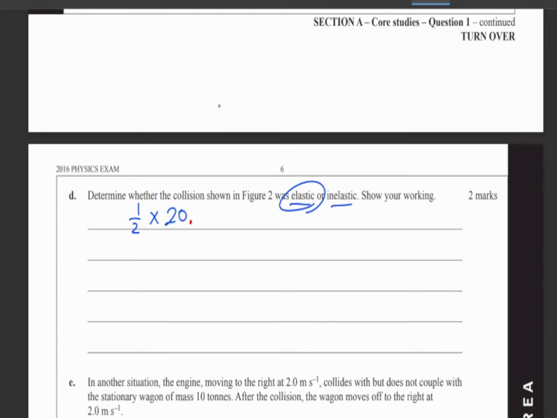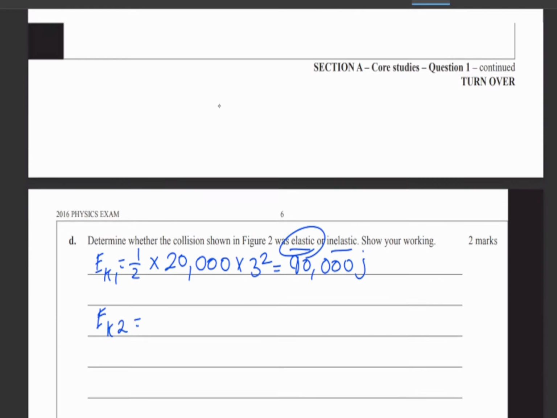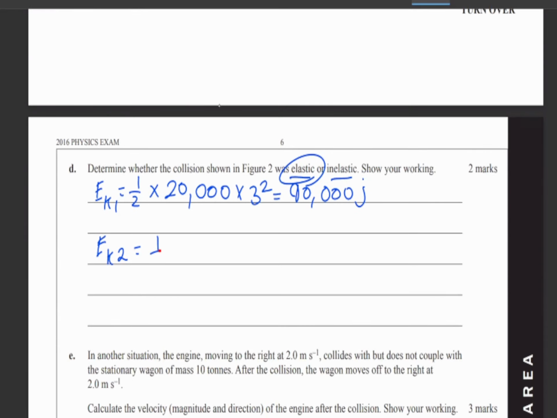So half times 20 equals 90 joules, and the kinetic energy after is, joules.